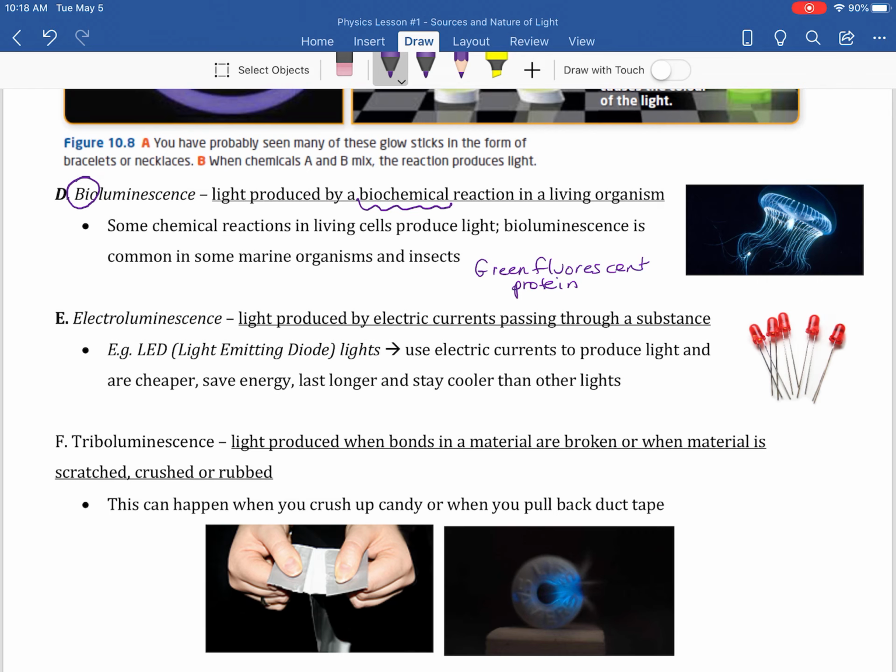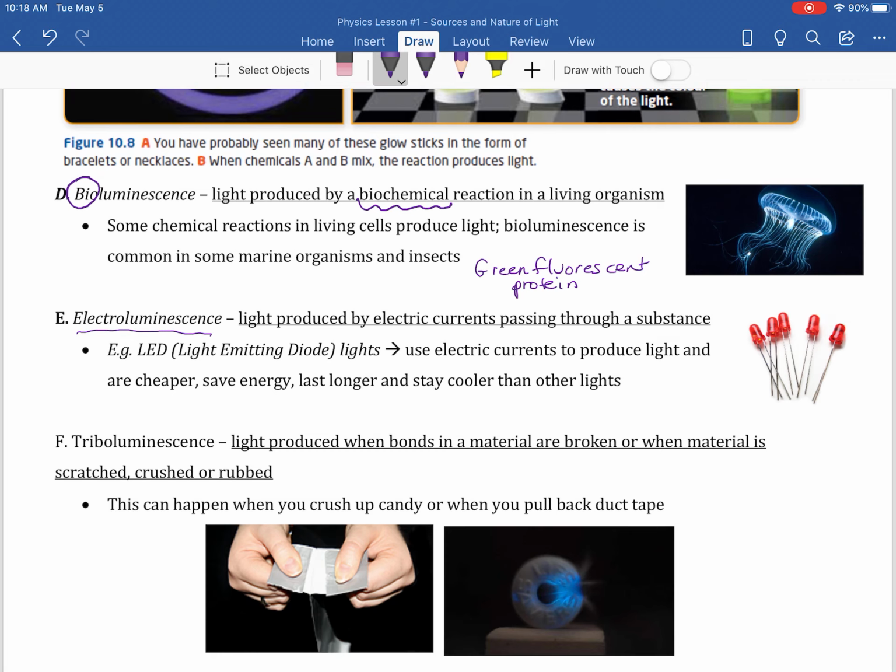Scientists have been able to make their own green fluorescent protein and put it into different organisms. I actually got to use a mouse who had his cancer genes linked with this green fluorescent protein, and so they could monitor where the tumors were being formed by where the mouse was glowing. It's very cool.